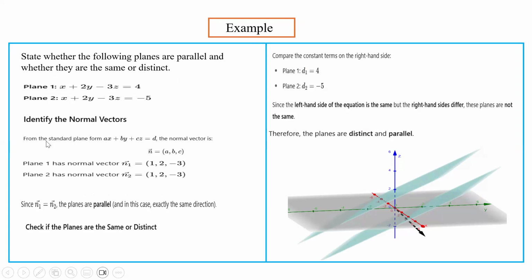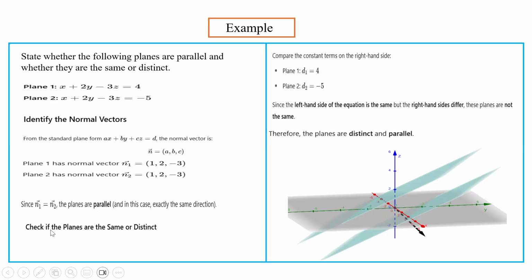From the standard formula, the normal vectors would be A, B, and C. Plane 1 has a normal vector of 1, 2, and -3, and plane 2 has the exact same values of 1, 2, and -3. Since they are equal, the planes are parallel, and in this case they're in exactly the same direction.